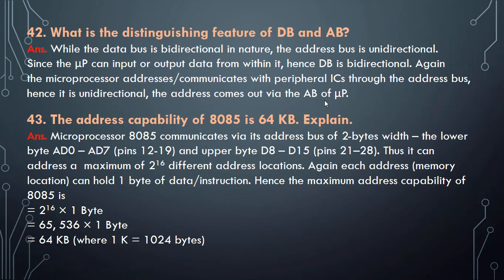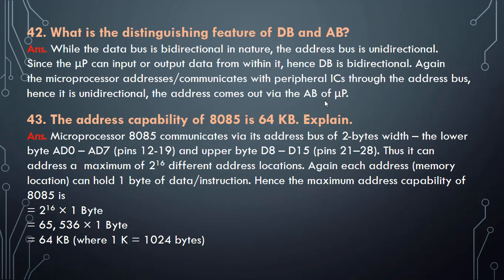The lower order byte, that is address 0 to address 7, which is pin 12 to 19 among the 40 pins, and the upper byte is address 8 to address 15, which is pin 21 to 28. That means 8 plus 8, total 16 bits.